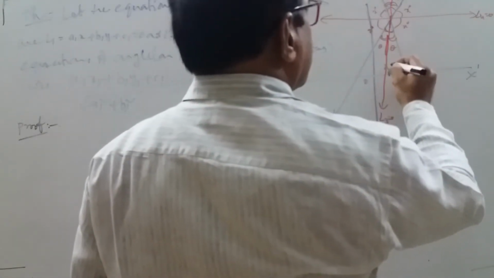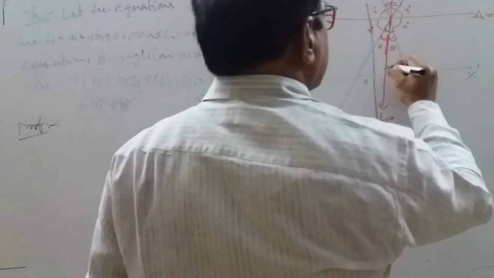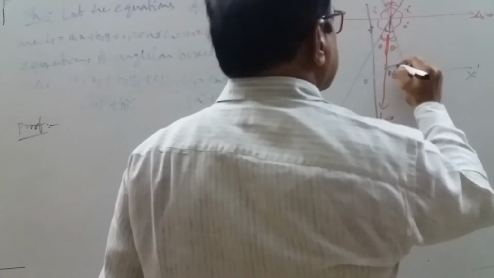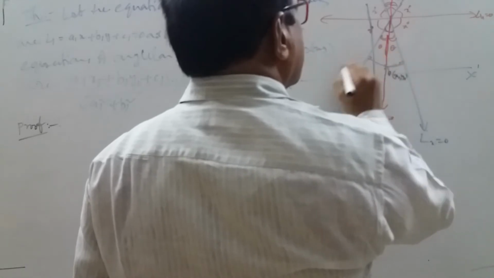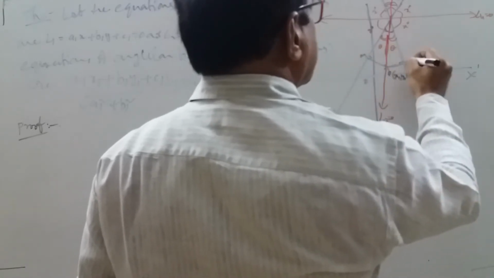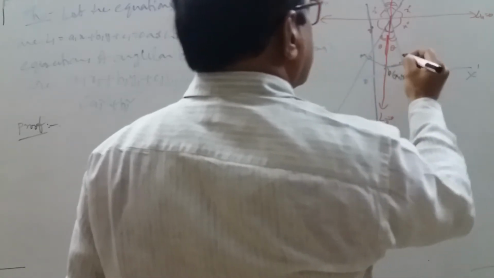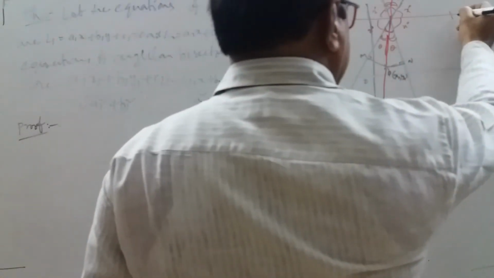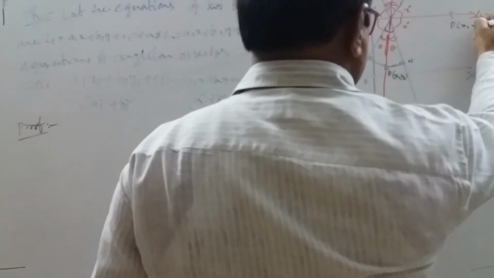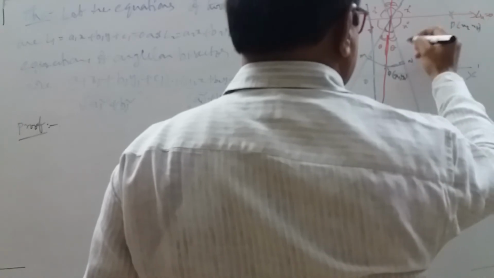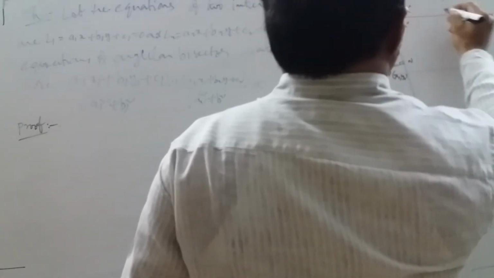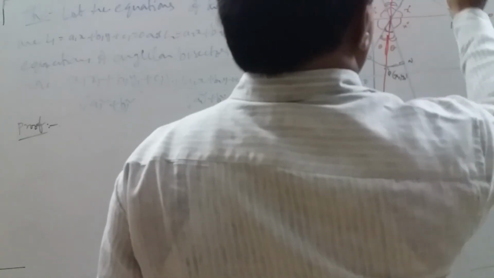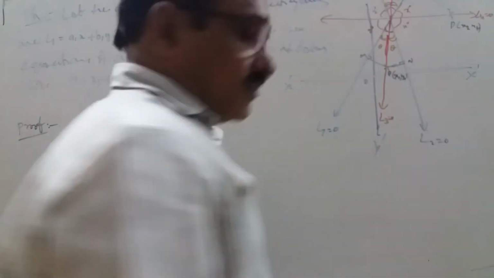Then it will be equidistant from these two straight lines. Let this be M and this be N. Similarly, the perpendicular distances from this are also equal.